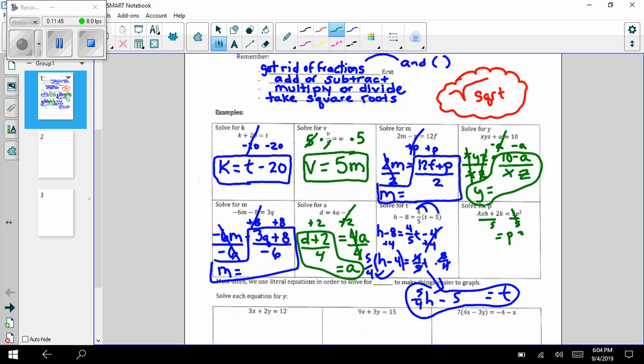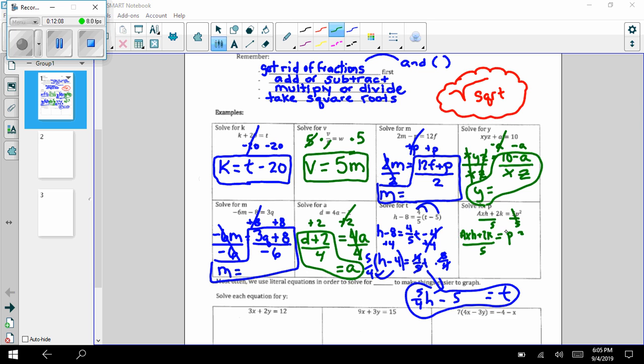And we're going to rewrite everything on the top. AXH plus 2k, and I'm just going to put that all over 5. To get rid of a square, just like I showed you up here, we're going to use the square root.